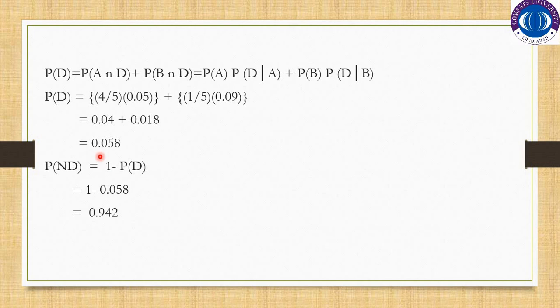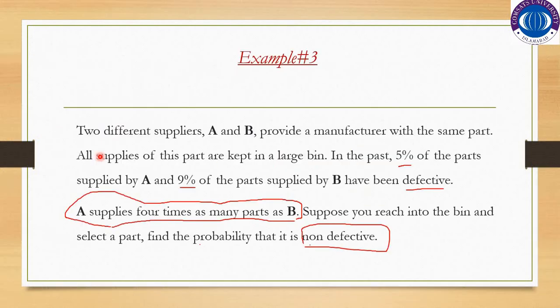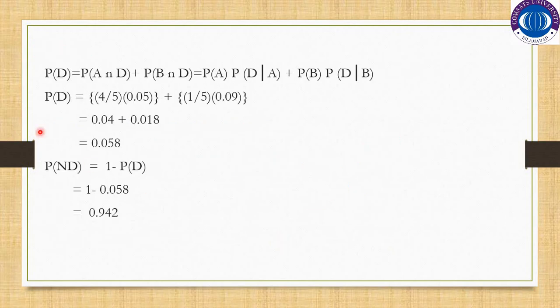But wait, what was the question saying? The question was saying to find the probability that it is non-defective. We have found the probability of the defective part, but we are interested in the probability of the non-defective part selected from the bin.